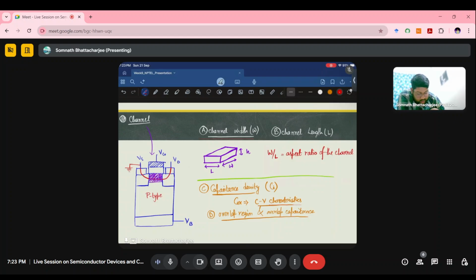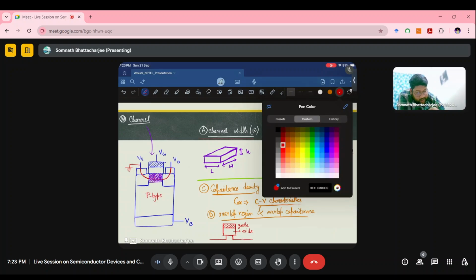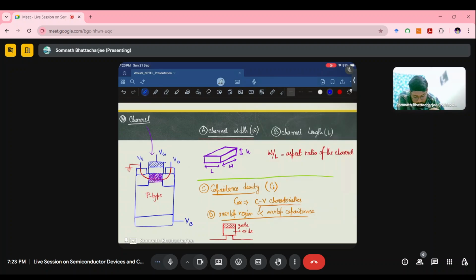So if we are just drawing this part, here we have the gate region. This is the gate. Here we have the oxide layer, and we have the p-type regions like this. Now we can directly see that there is a basic overlap region forming here.